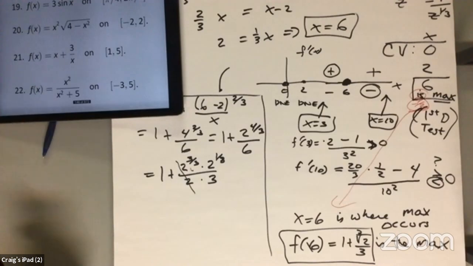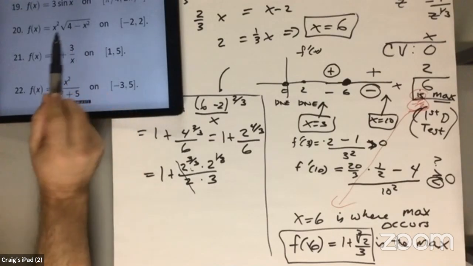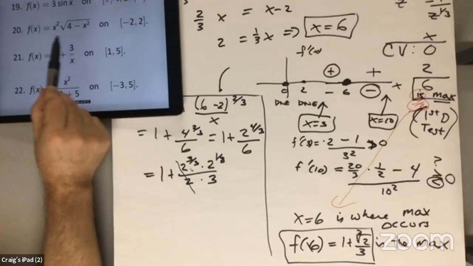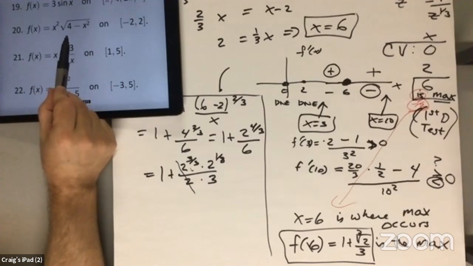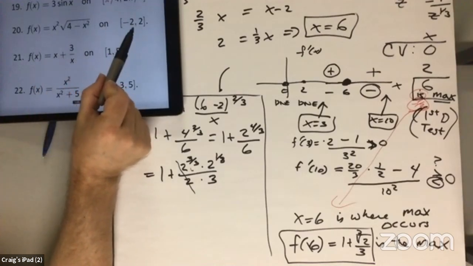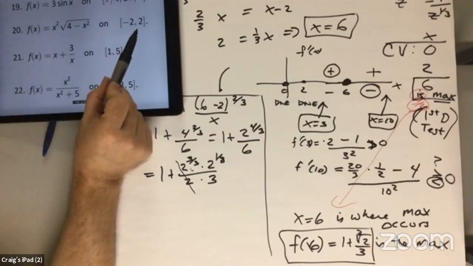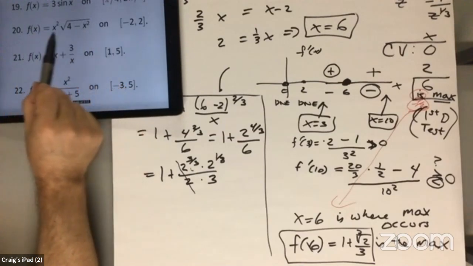Okay, so the problem we're going to have here is that I'm looking for this thing's maximum and minimum values. I'm trying to find where the maxes and mins occur, but I'm only going to rely on the numbers x which are between -2 and 2. And so that's all we have to look at.